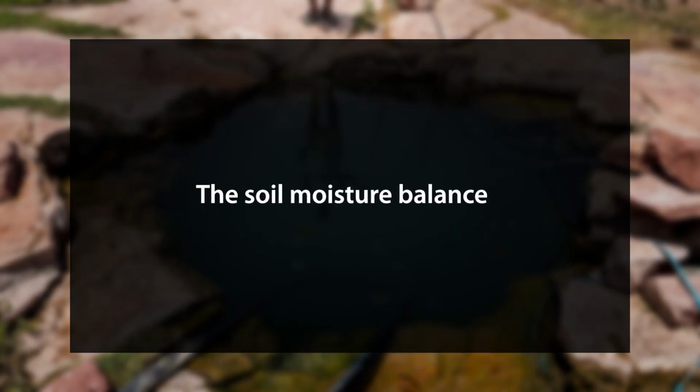So, the first is the soil moisture balance. This methodology involves a calculation approach where the soil is conceptualized as a storage container. We assess the income, that is the precipitation, and deduct the expenses, that is runoff and evapotranspiration.